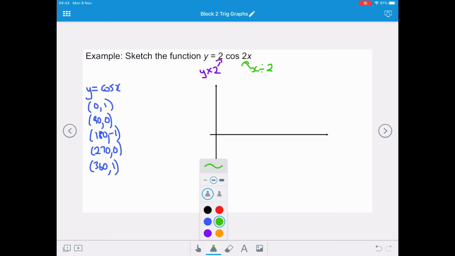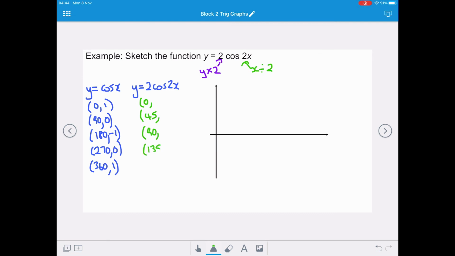So we're going to determine our x coordinates first on this y equals 2 cos 2x. We know that there's two full waves within 0 to 360 degrees, so we need to halve our x coordinates on our y equals cos x curve. So we've got 0 divided by 2 is 0, 90 divided by 2 is 45, 180 divided by 2 is 90, 270 divided by 2 is 135, and 360 divided by 2 is 180.